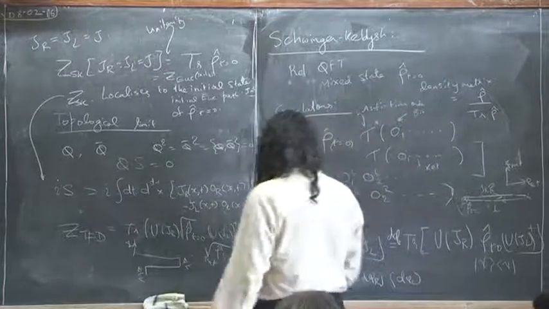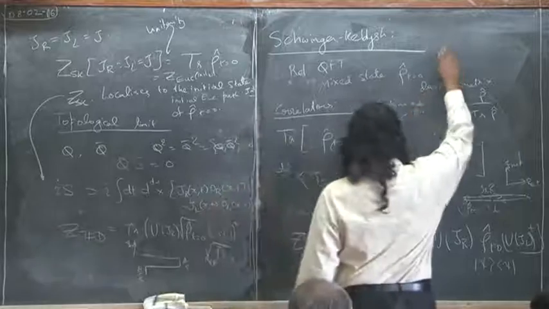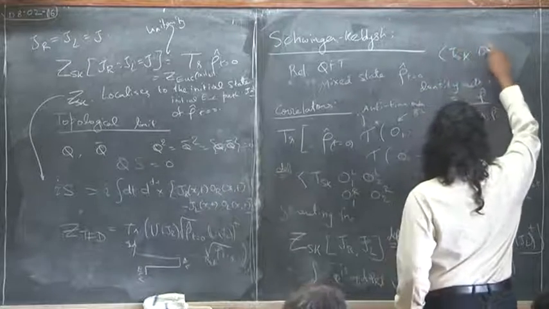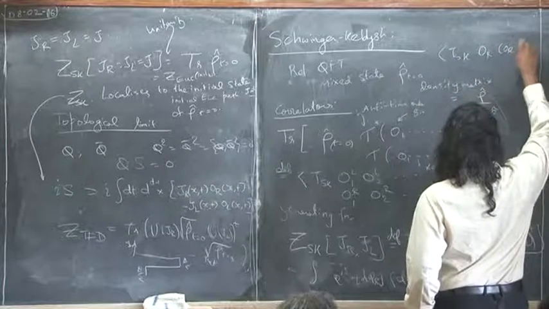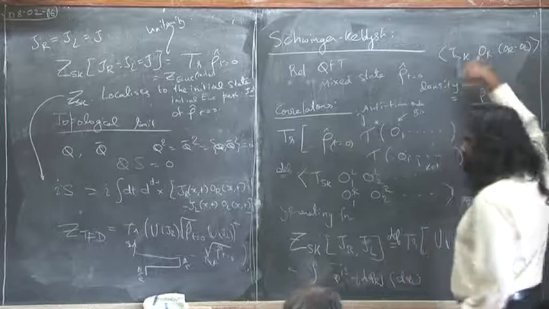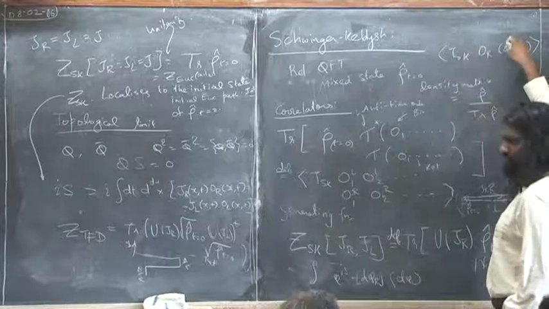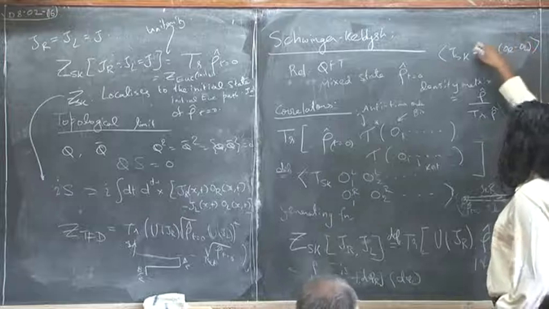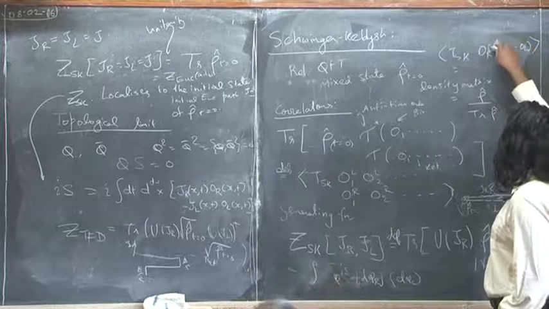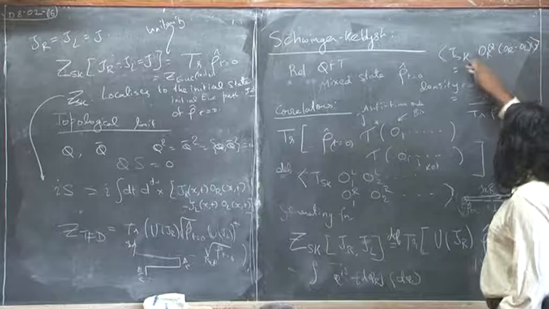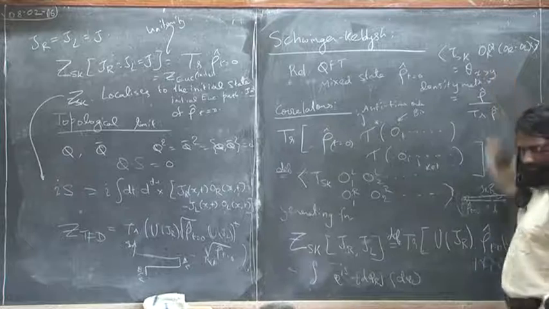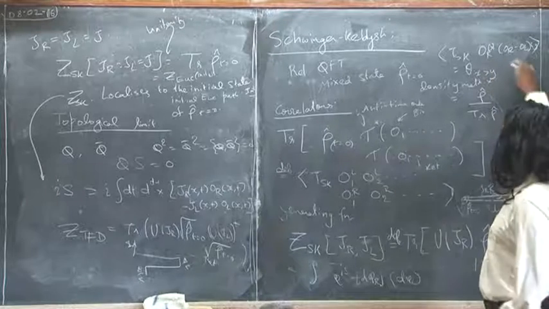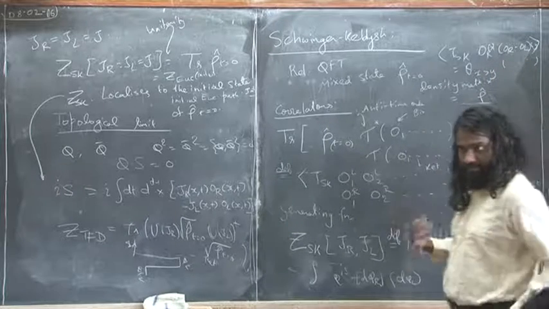Now consider a correlator like O_R minus O_L. This would vanish if this guy came to the future, which means this guy should be in the past. Let's say this is x, this is y. This means it has a theta function, x greater than y, times something, and that's exactly the retarded correlator.